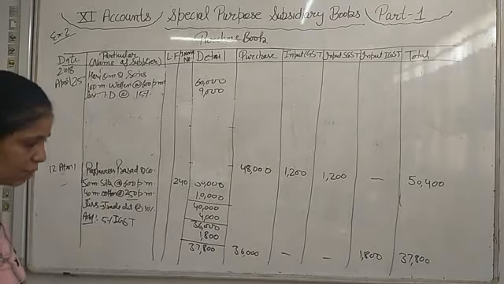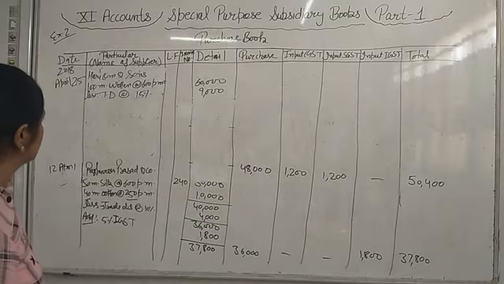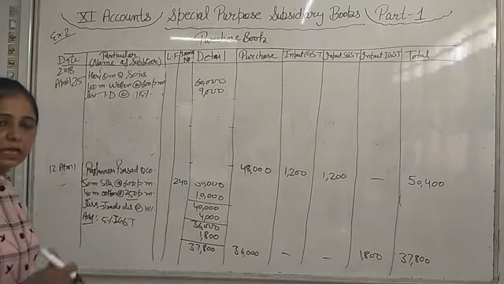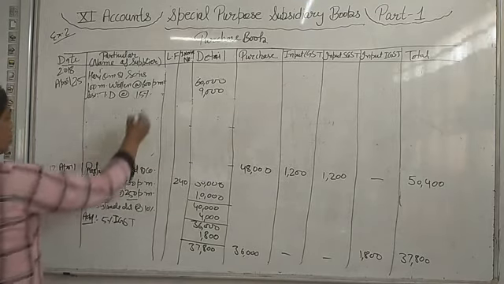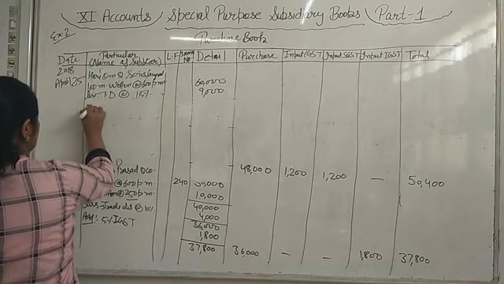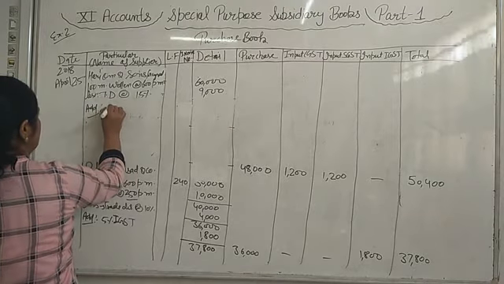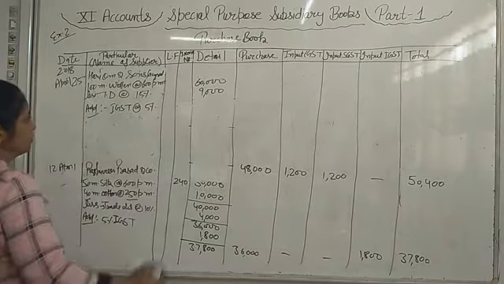Freight charges we have paid. For that we will pass one journal entry at the end of the question: freight charges account debit, input IGST. He is of Gujarat, so we will pay IGST. On freight also we have to pay IGST at the rate of 5%.